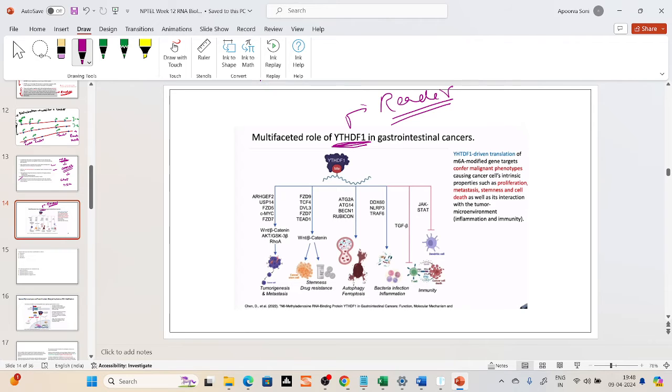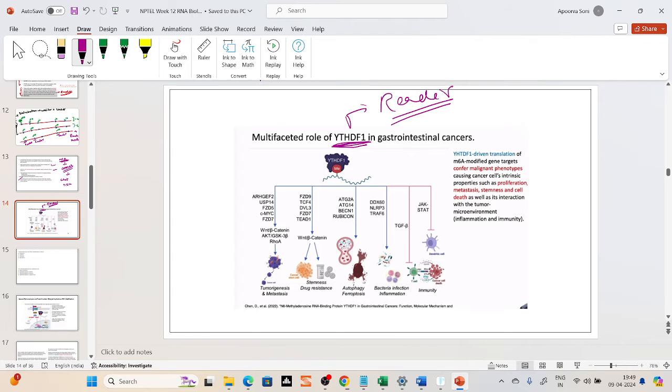So when this YTH reader reads the methyl adenosine modification, it can cause the upregulation of these pathways in different cells. It can cause the upregulation of the Wnt beta-catenin pathway, which can lead to tumorigenesis and metastasis.